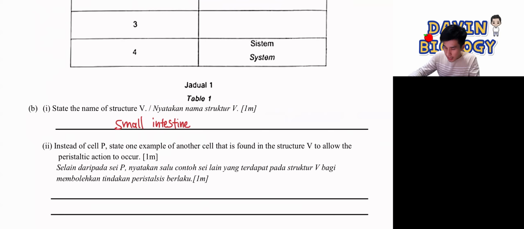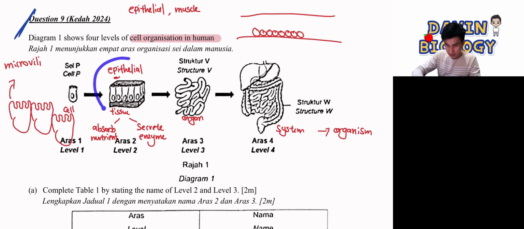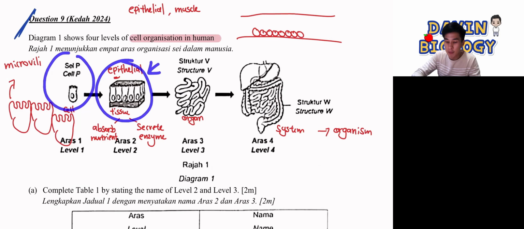Moving on: instead of cell P, state one example of another cell that is found in structure V to allow the peristaltic action to occur. So other than epithelial, they're asking what's another cell? Remember, tissues are made up of the same cell. So if this is epithelial tissue, this is epithelial cell.